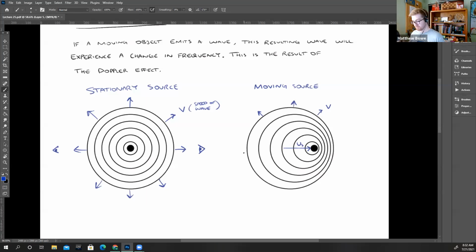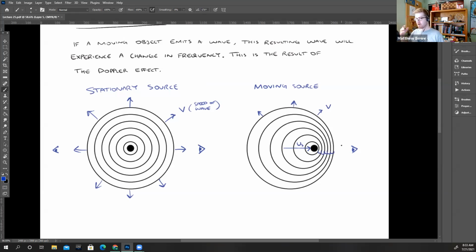So what if we look at this moving source? If we have an observer over here, and this car is approaching and emitting the horn, so it's honking the horn while going towards this observer, the sound waves are going to pass the observer, but you see they're spaced out much smaller on this side.